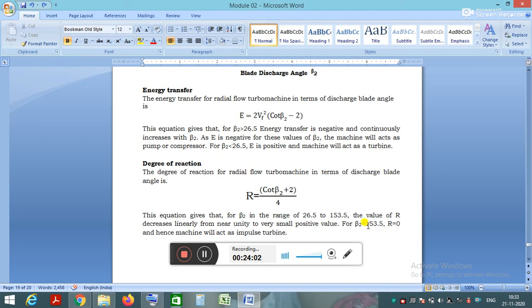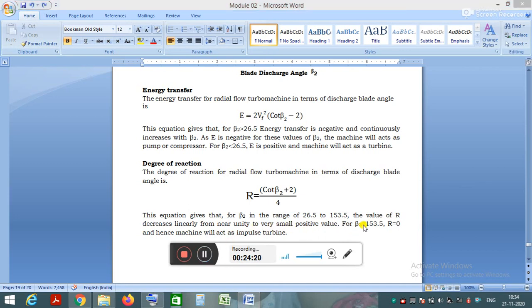From 26.5 to 153.5, as you decrease the beta angle, the discharge angle, its value decreases from unity to a very positive value.